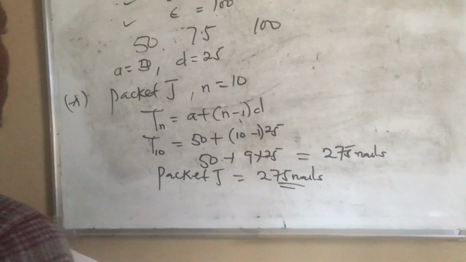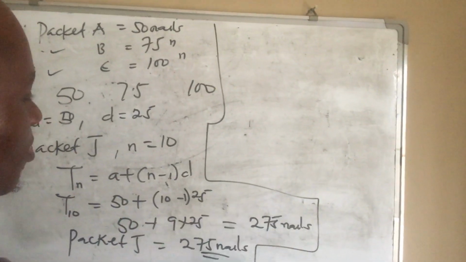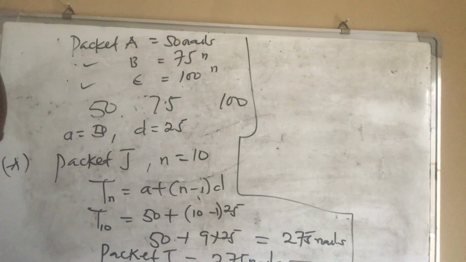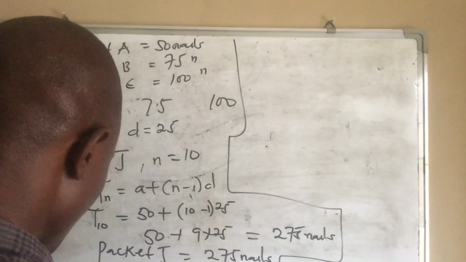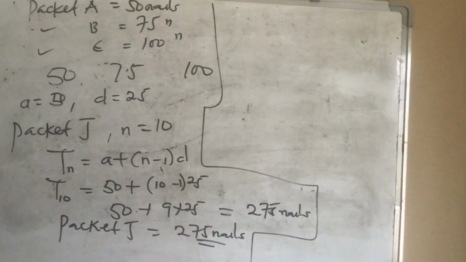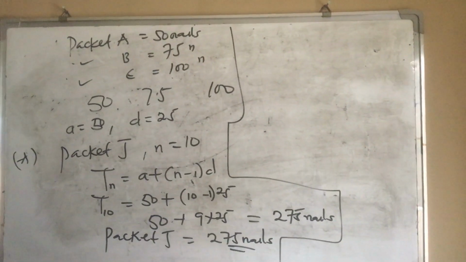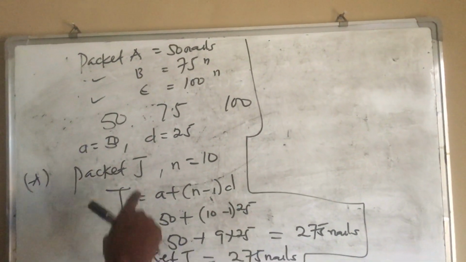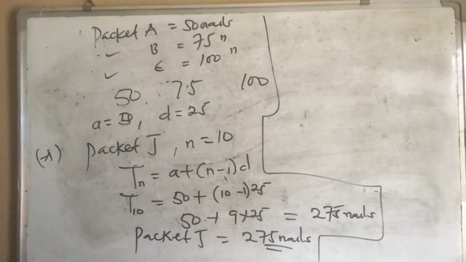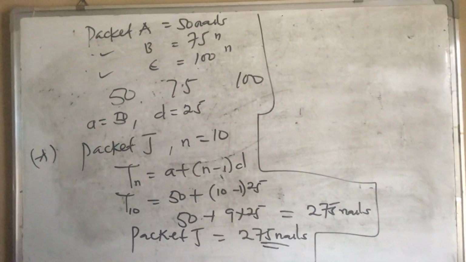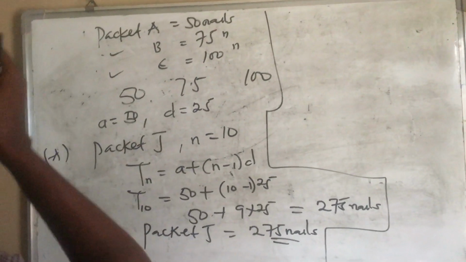Now, the second part of the question says Shand buys one of each of the packets A to J. How many names in total does Shand have? That means, what is the sum of all the names from packet A to J?